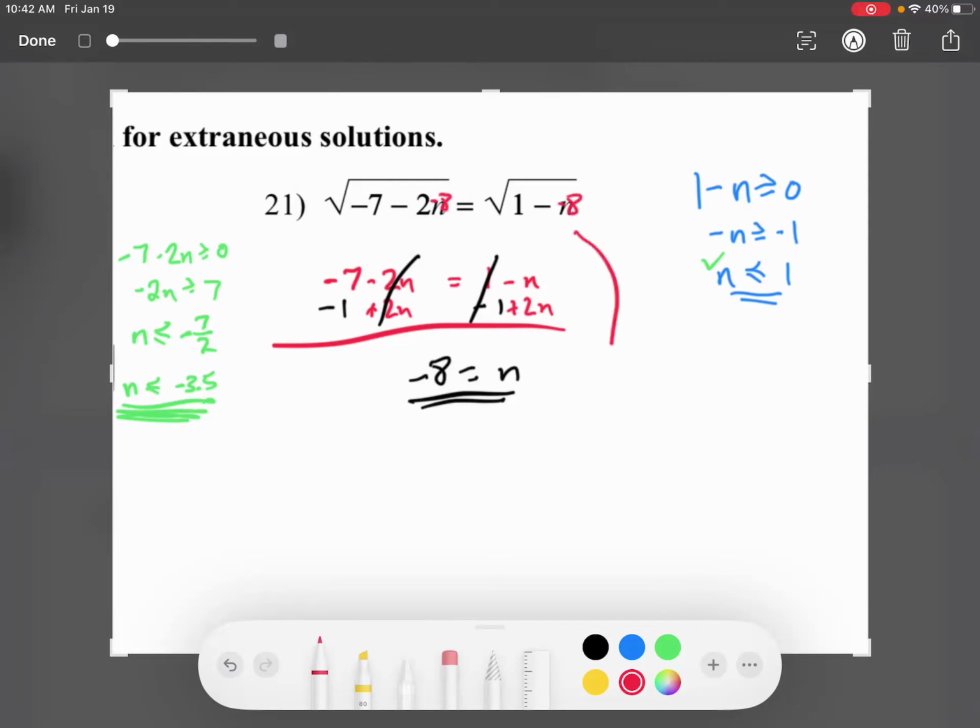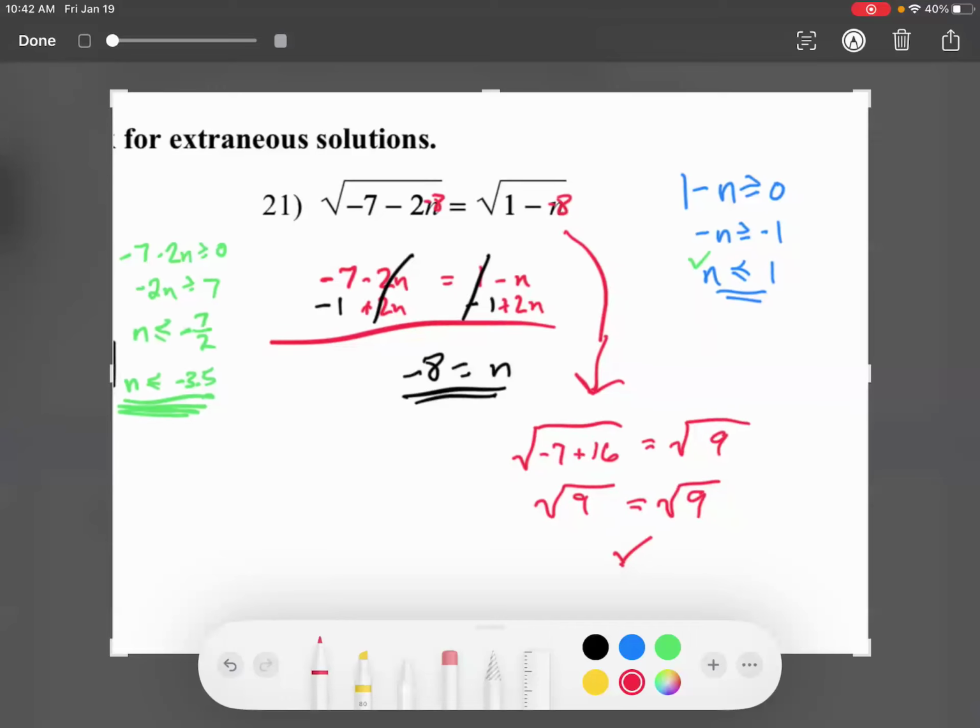So I get the square root of -7 minus 2 times -8, which is 16, is equal to the square root of 1 plus 8, which is 9. So the square root of 9 is equal to the square root of 9. And I believe that that's true. So that works.